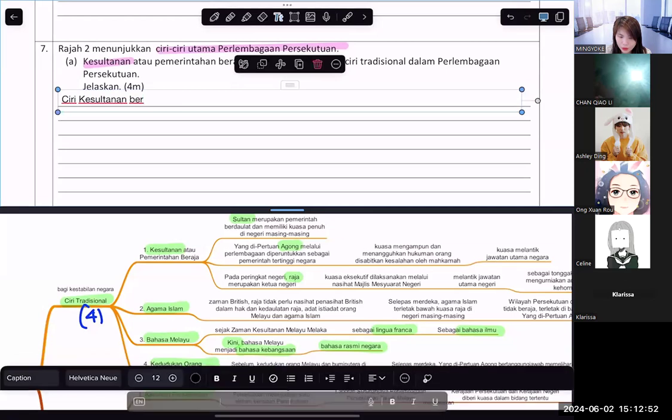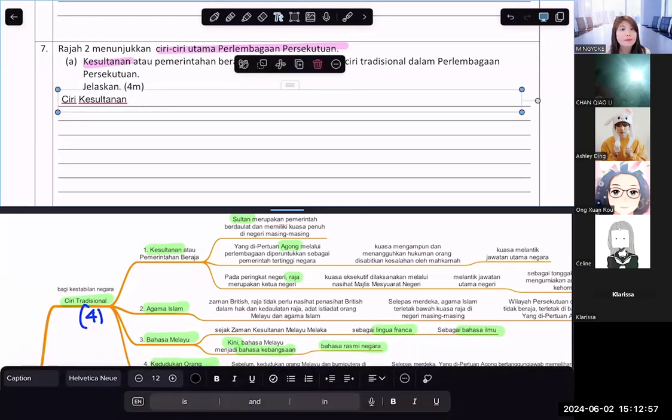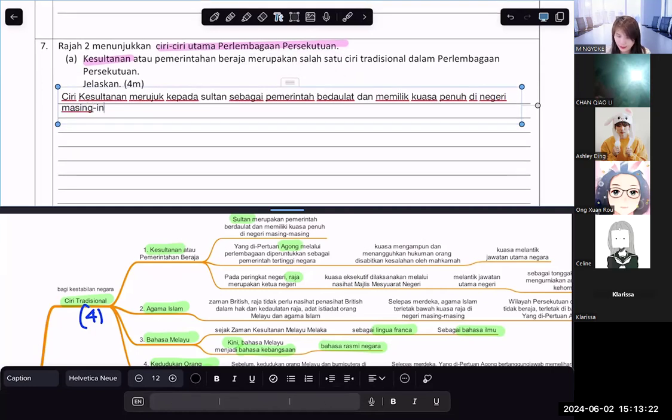Berdasarkan kesultanan, merujuk kepada sultan sebagai pemerintah berdaulat dan memiliki kuasa penuh di negeri masing-masing. Like that, 1 mark already lah.